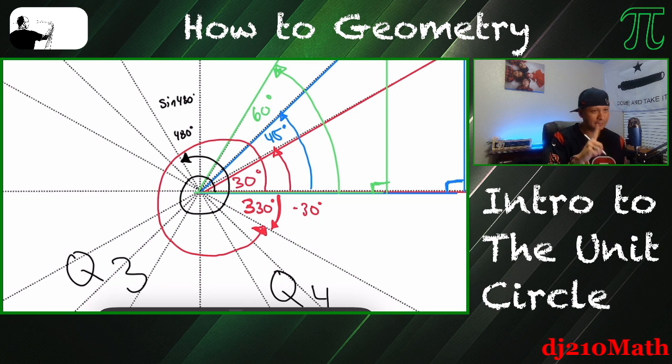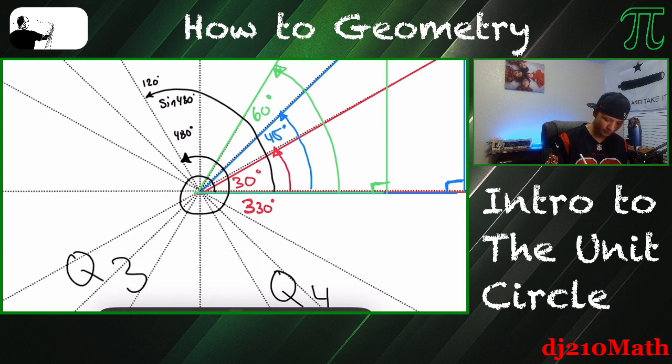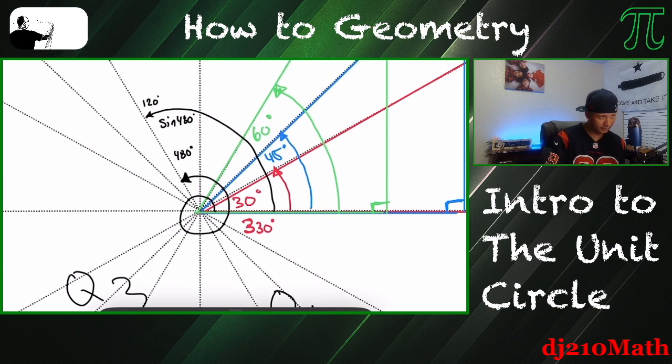Well, think about it. Sine means the y coordinate of whatever this line is. Well, we know that this line, if you start at 0 and go to this line, is naturally 120 degrees. It's 120 degrees starting at 0, going this way. I know there are arrows all over the place, so let's get rid of some of them. So it's 120 degrees from 0 to this line.